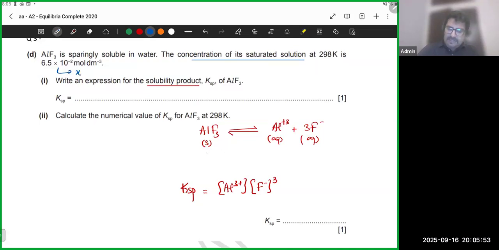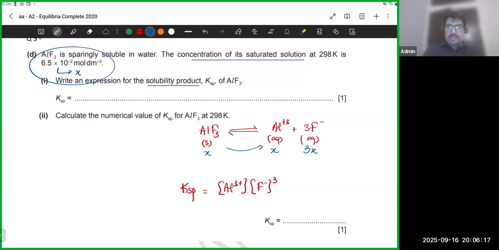So x mole per dm cubed dissolves in a saturated solution. The amount of Al3+ ions will be x mole per dm cubed, and the amount of F minus ions will be 3x mole per dm cubed.